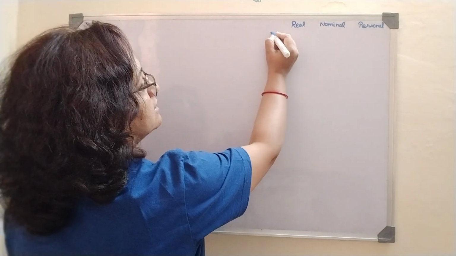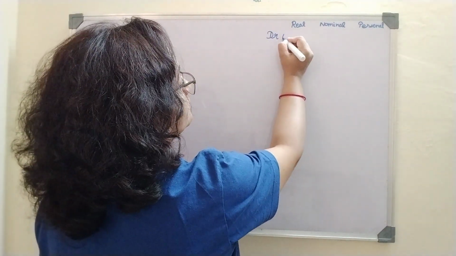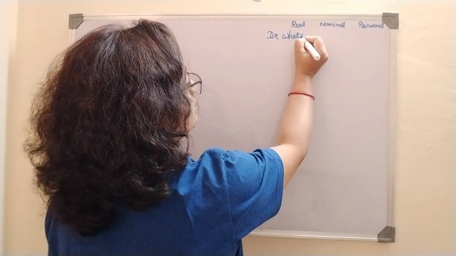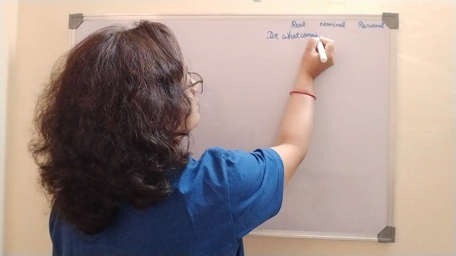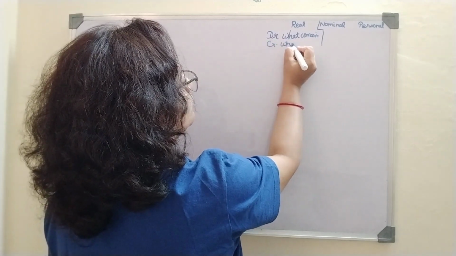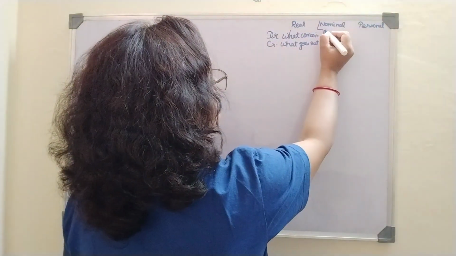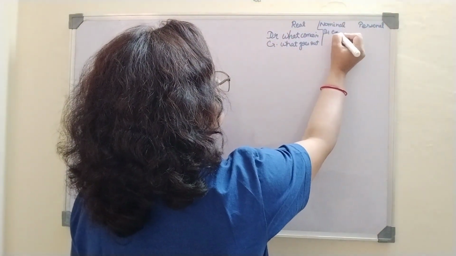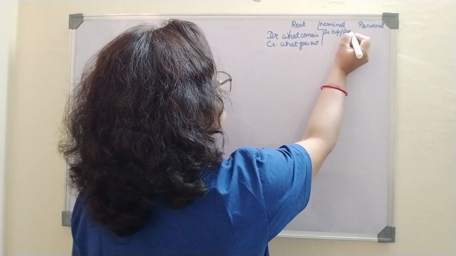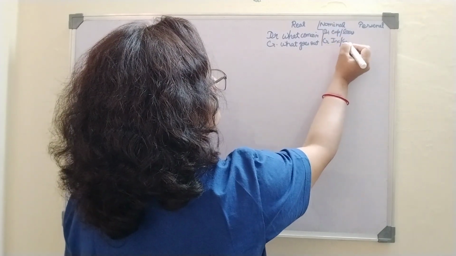So real account is debit what comes in, credit what goes out. Nominal account is debit expenses and losses, credit incomes and gains.